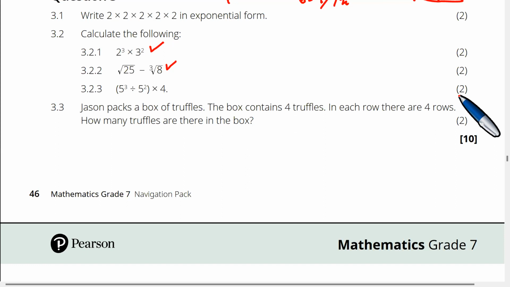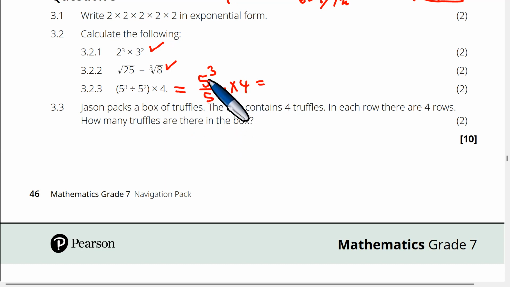Okay, let's check together. So obviously at this point, we are doing division. So it is 5 cubed divided by 5 squared. So now here, when you multiply, there's a law in mathematics that we can use to calculate these here.